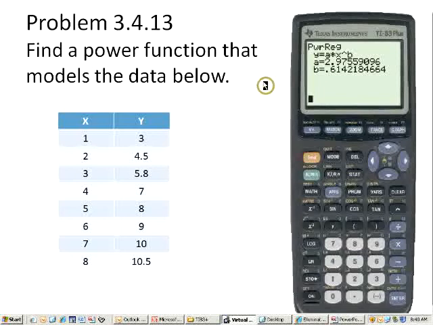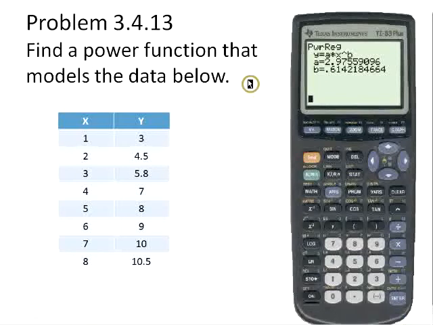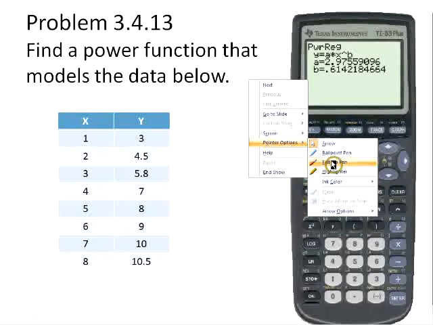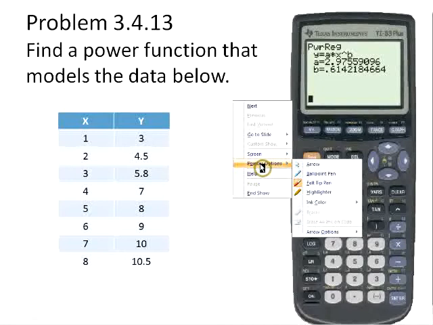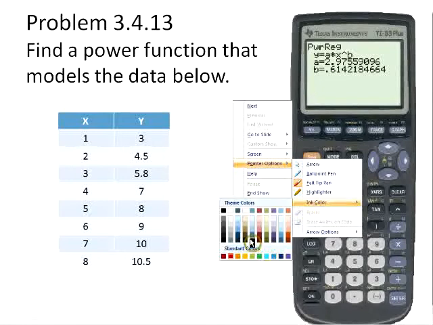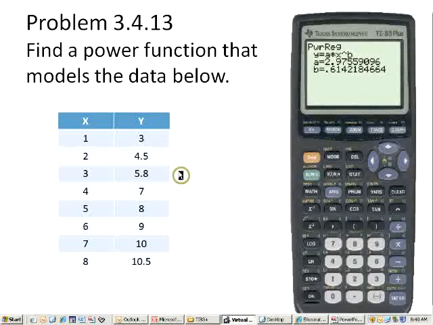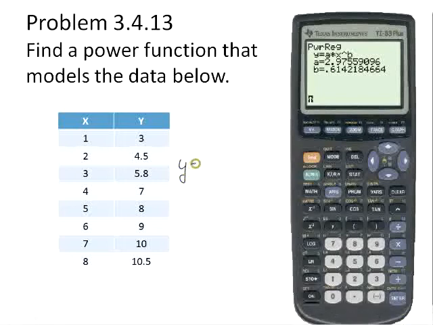This then is our power regression for this equation. Let me write that down. So if I go to my pointer options, and one more time to get a better color, let's just do it in dark blue here. This particular regression equation that we're looking at here then is Y is equal to, our A number is about 2.98.